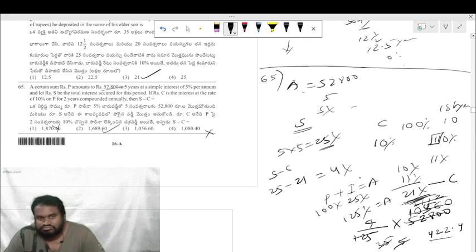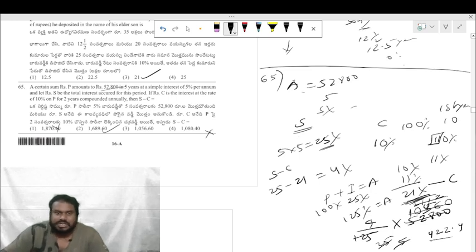You don't even have to calculate fully: 400 into 4 is 1600 plus something, so obviously the second option.